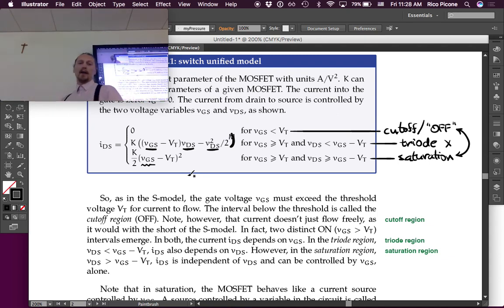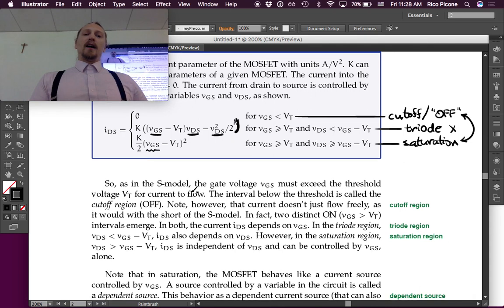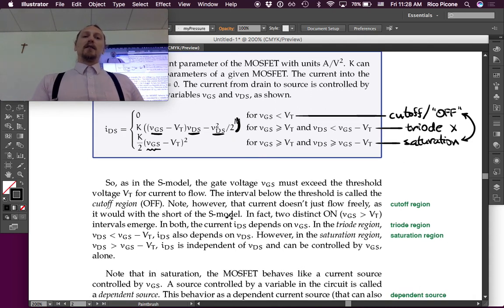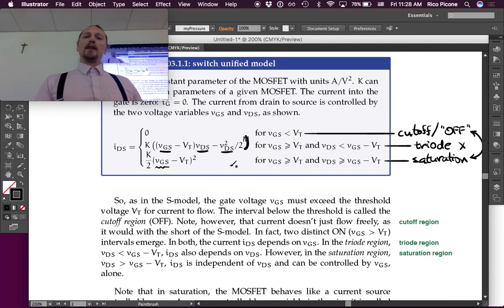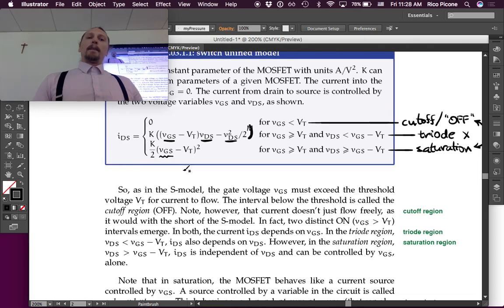So we want to be in saturation or cutoff, and notice that this behaves like a current source that's controlled by VGS when we're in the saturation region, because it doesn't depend on the voltage across it.